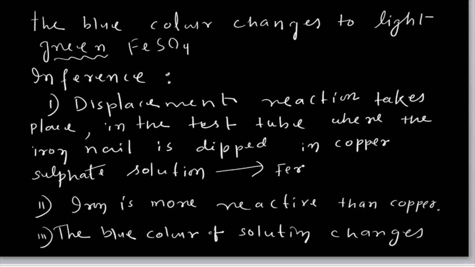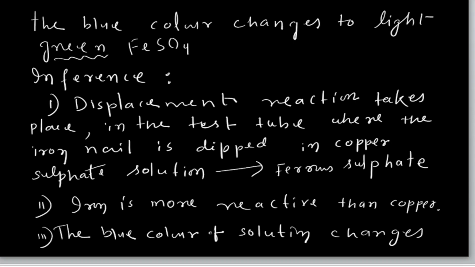So what happened here? You add your iron nail to the copper sulfate solution, and the solution changes to ferrous sulfate, which is green in color. Iron is more reactive than copper, and the more reactive metal will displace the other in the reaction.